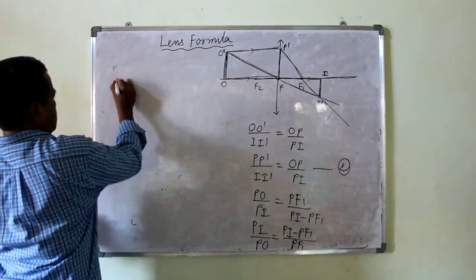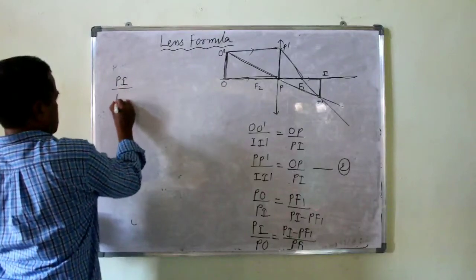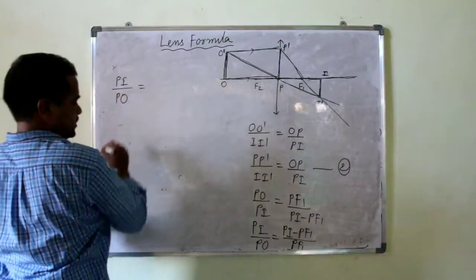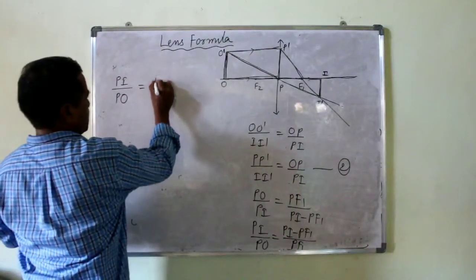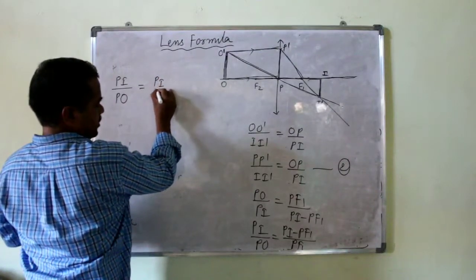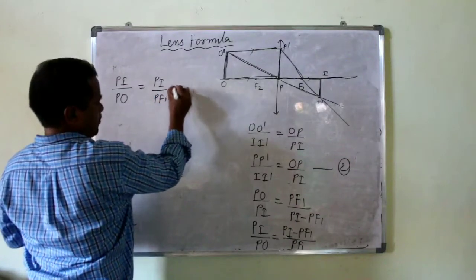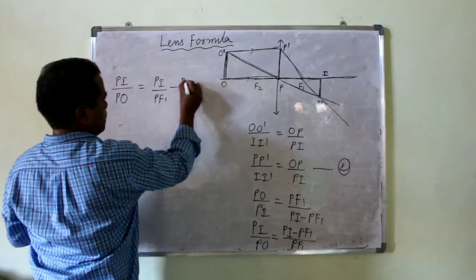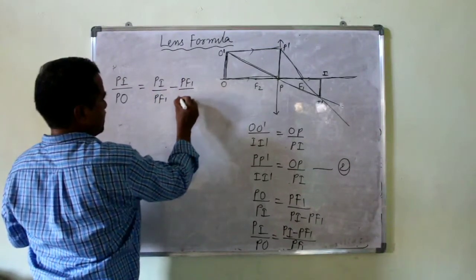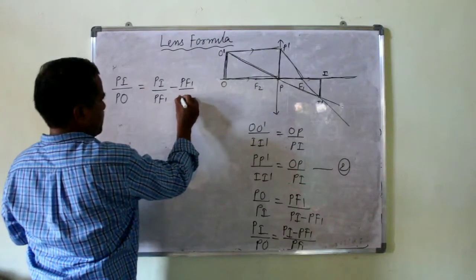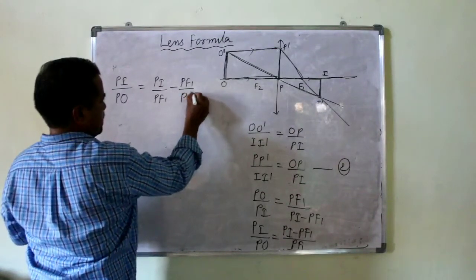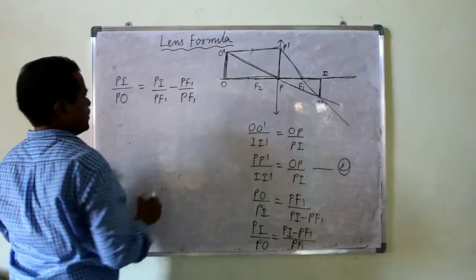So PI by PO is equal to PI by PF1 minus PF1 divided by PF1.